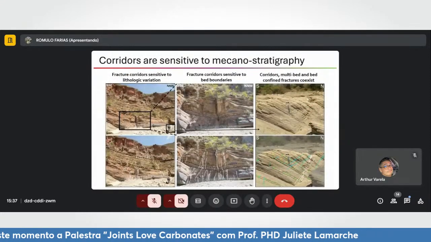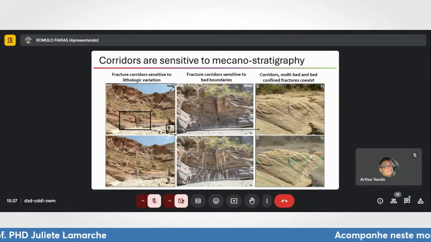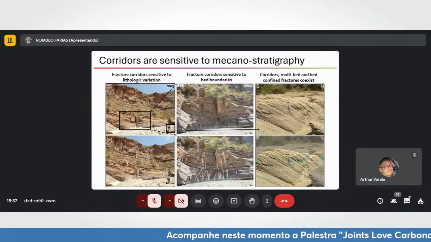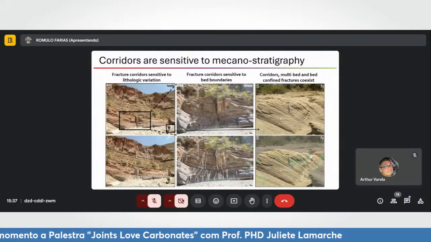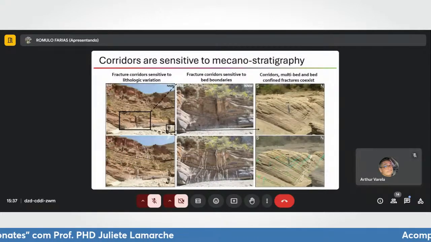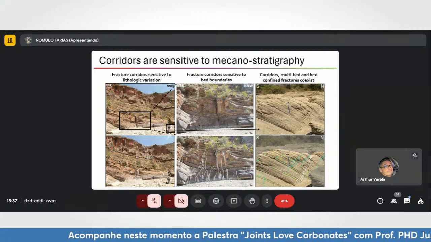Corridors are sensitive to the mechanical stratigraphy. So this is the picture, and this is the interpretation. Here we have coarse-grained beds and fine-grained beds and coarse-grained beds. And you see that here is a corridor. It disappears more or less in the fine-grained bed, but then it reappears. And when we look at this detail in the coarse grain, you see that there is some bedding here, and the corridors abut against the main interface.